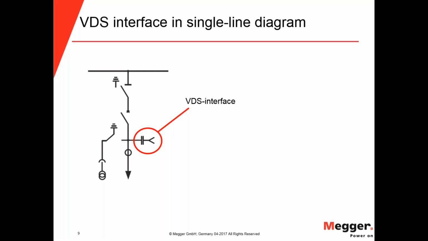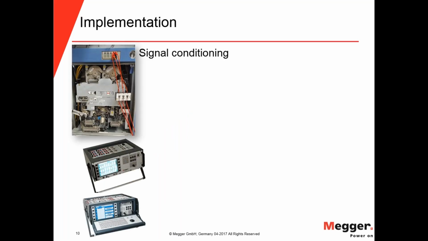Now on to the implementation of the measurements. First, here we have the VDS interface. You need some very simple signal conditioning, and then you can connect the signal into the timing channel of a test instrument, of a breaker timer.